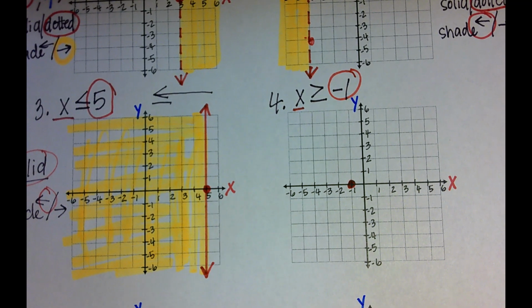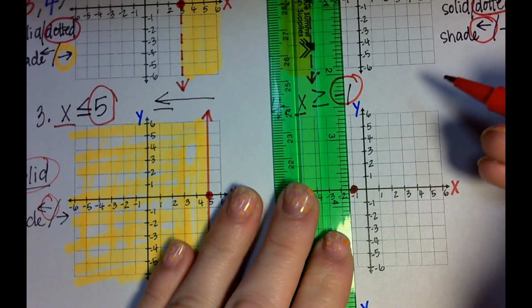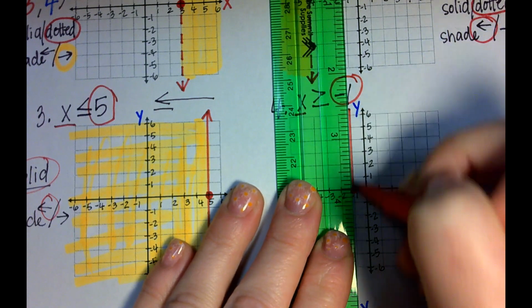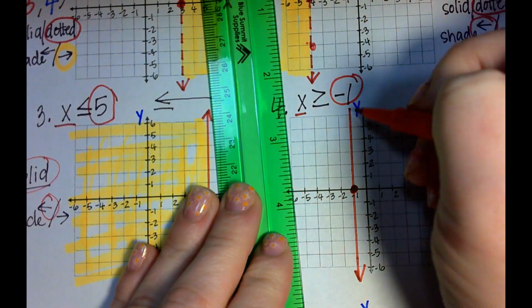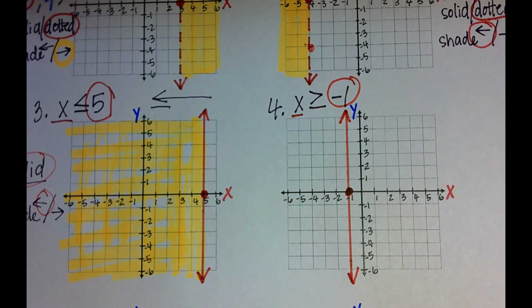And is it solid or dotted? Solid. So I'm just going to do this. There we go. There's my line. And which way should I shade? Right. To the right.